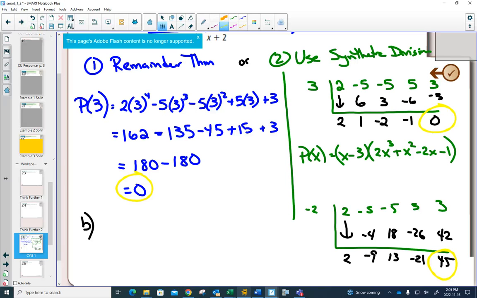So synthetic division is often quicker to find the remainder, but sometimes you will need the remainder theorem. There are some questions that require the remainder theorem. So I'd like you to circle 4a, 6a, 7, and 8.